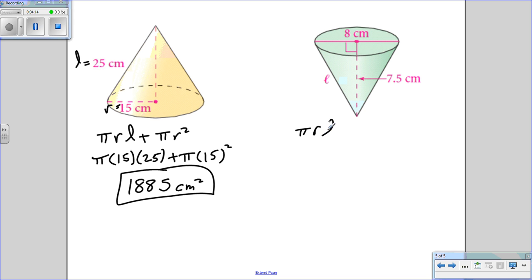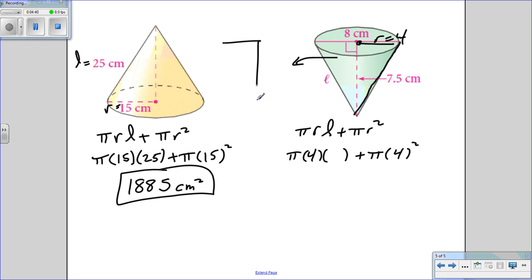Pi r L plus pi r squared. All right, radius. That would be my radius, which is half of the diameter. It's 4. So that goes in for r. Slant height, right here, or right here. Those are both the same. It's unknown. So I'm going to take this triangle out of here. This is 4 up here.